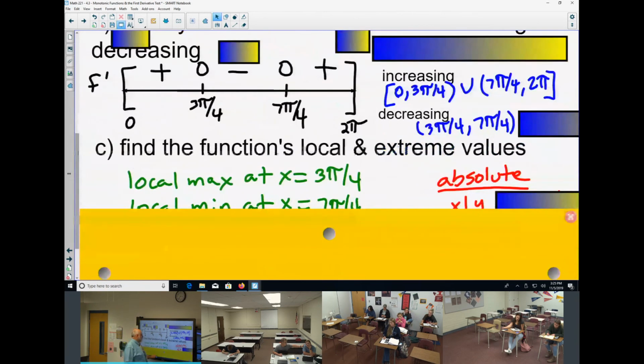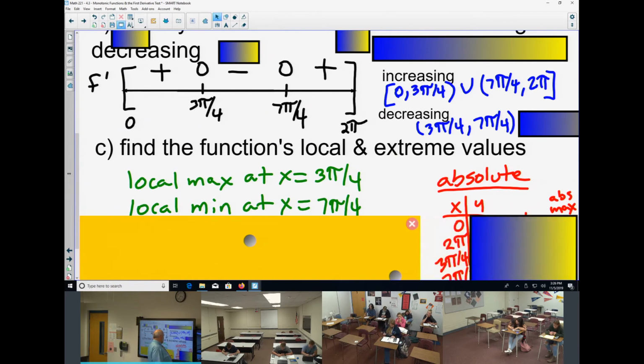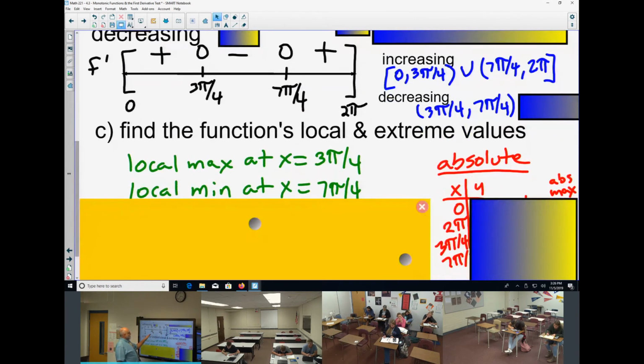Okay. So for your absolute min and max, there's where you have to check your endpoints, 0 and 2 pi, and your critical points, 3 pi fourths and 7 pi fourths.